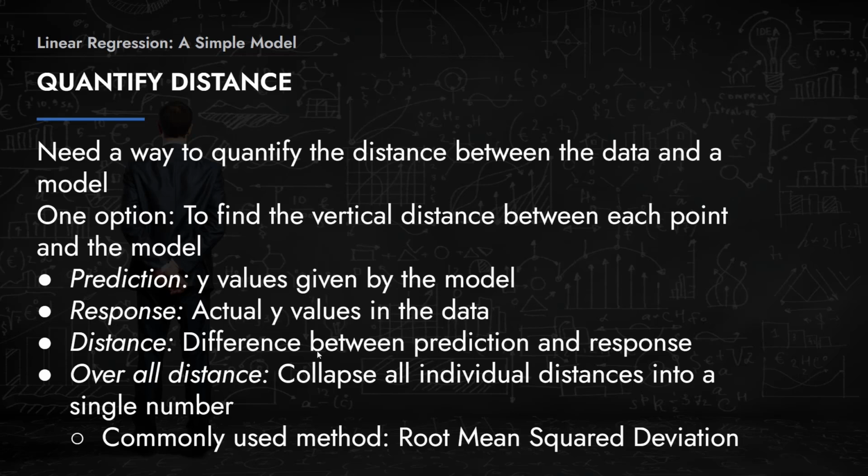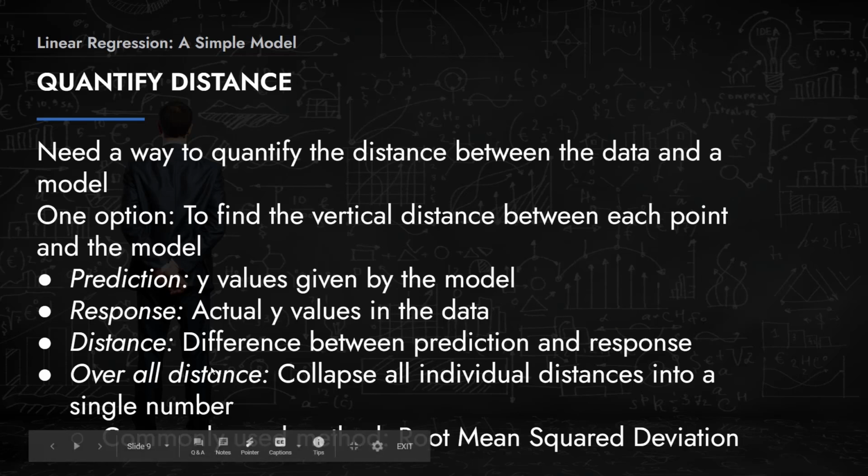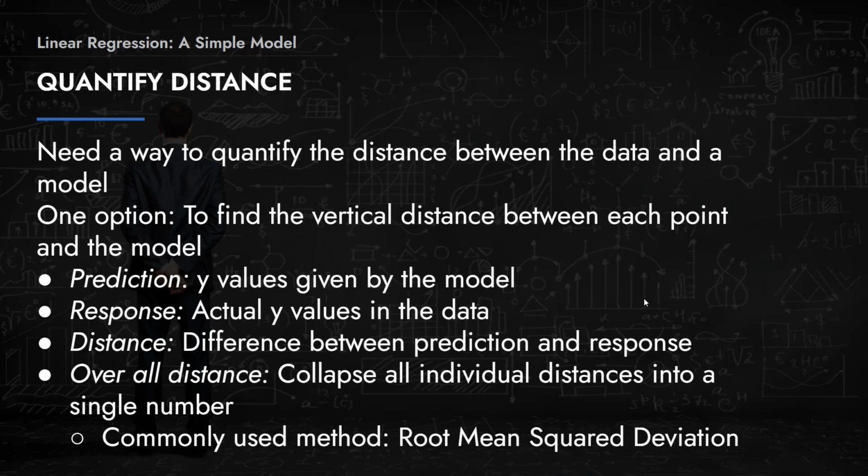So the distance is the difference between the prediction and the response. And the overall distance is a metric that will help you collapse all the individual distances into a single number. And so, there are different ways of doing that. Most commonly, we use a method called root mean squared deviation.